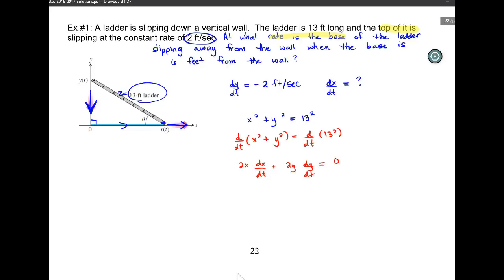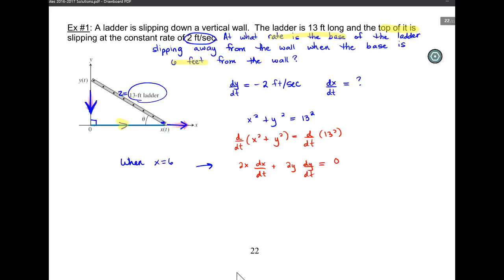Now, in the directions that I had you write down here, we said, at what rate is the base of the ladder slipping away from the wall when the base is 6 feet from the wall? The reason we didn't plug that in is because that's not constant. This is changing. So now we want to say right here, at this instant, when the base is 6 feet away, so when x equals 6, what happens?